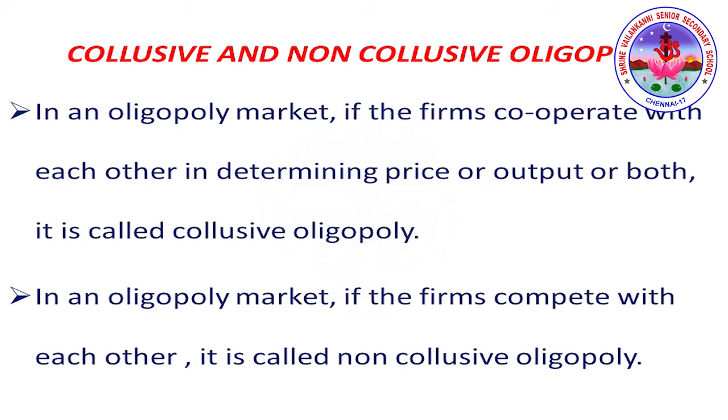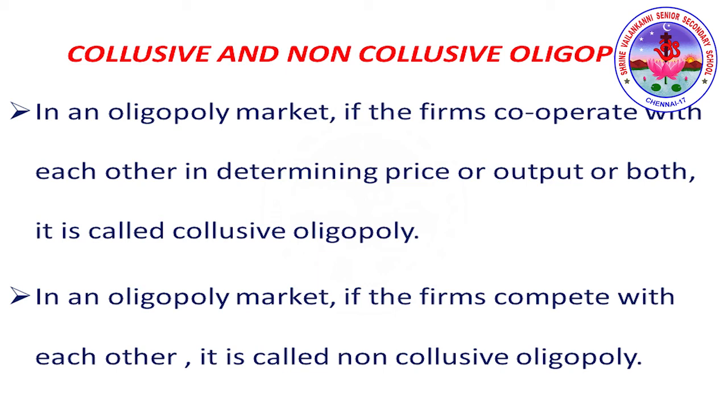Collusive and non-collusive oligopoly. In an oligopoly market, if the firms cooperate with each other in determining price or output or both, it is called collusive oligopoly. What is meant by non-collusive oligopoly? In an oligopoly market, if the firms compete with each other, it is called non-collusive oligopoly.